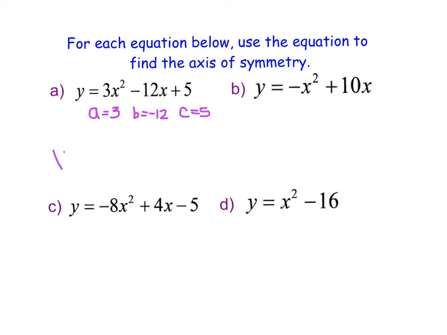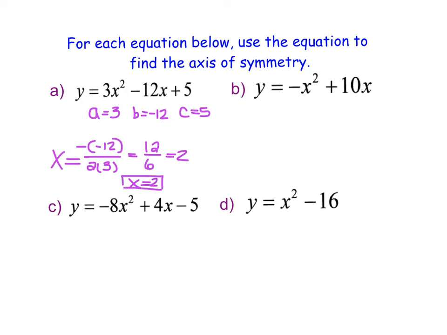So I calculate my axis of symmetry by taking x equals -b, all divided by 2 times my a value, which is 3. Here, -12 becomes a +12. My denominator becomes 2 times 3, which is 6. So I end up with 2. My axis of symmetry here would occur at x equals 2.